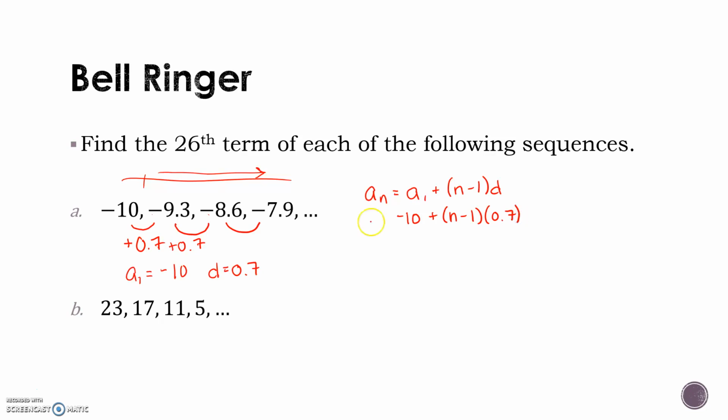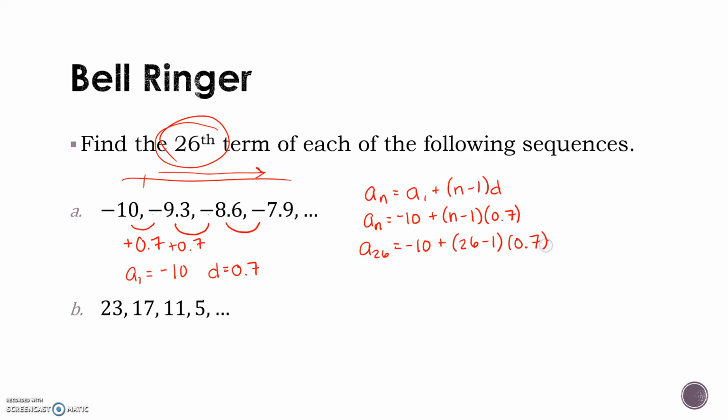Then all I need to really find is the 26th term. So A sub 26 equals negative 10 plus 26 minus 1 times 0.7.